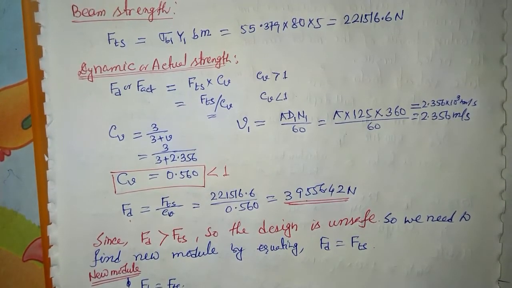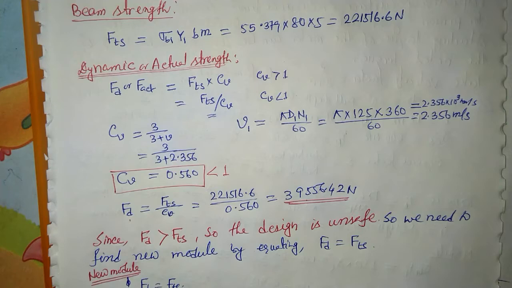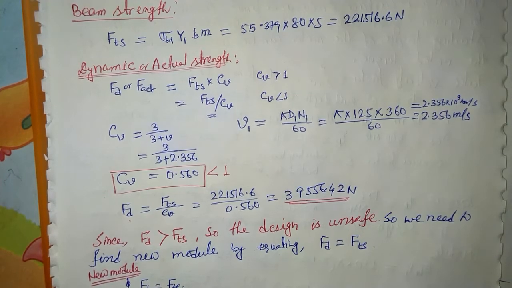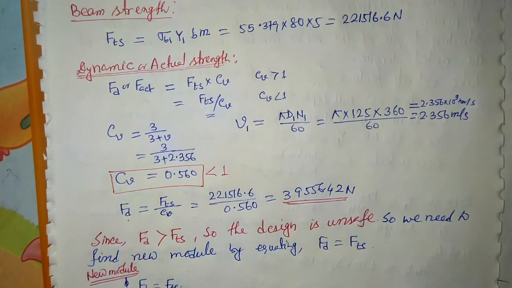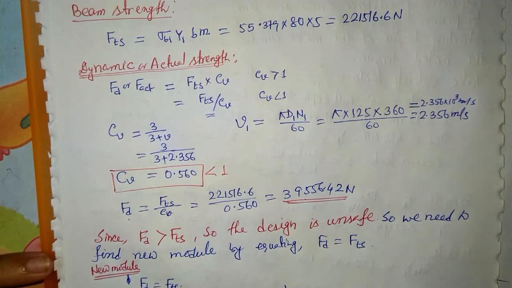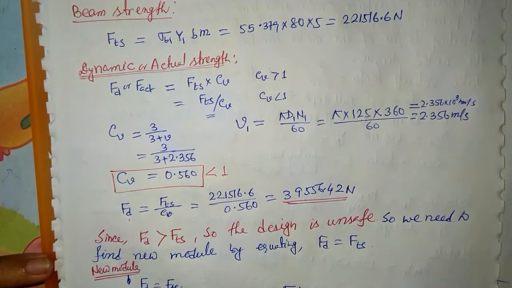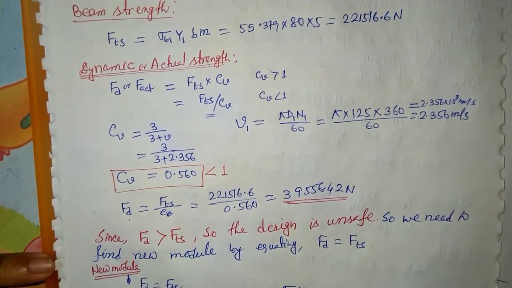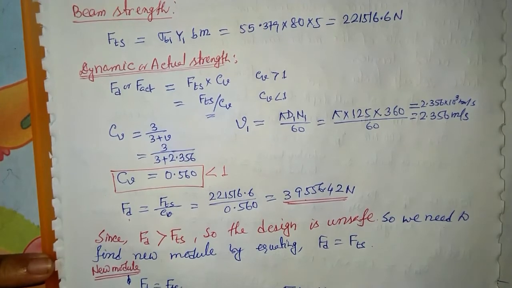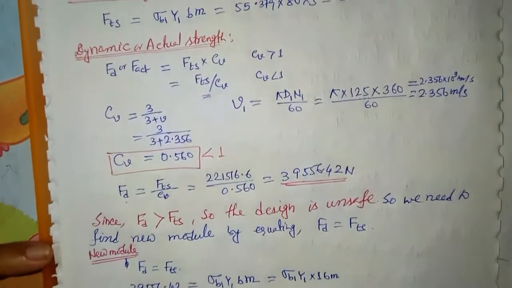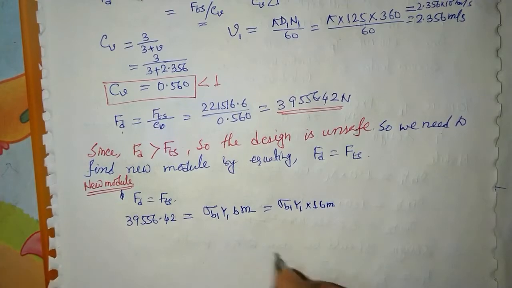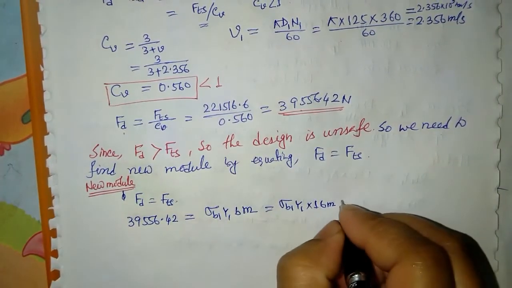This is equal to sigma b1 y1 b m. Okay, so here we can write sigma b1 y1 into 16 m, b is 16 m, into m.